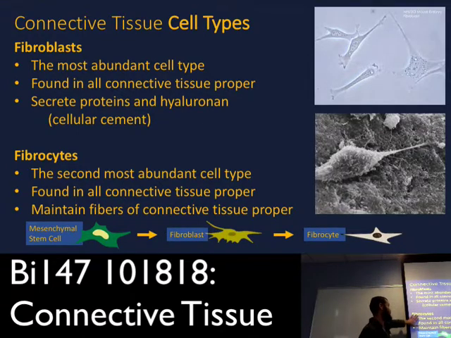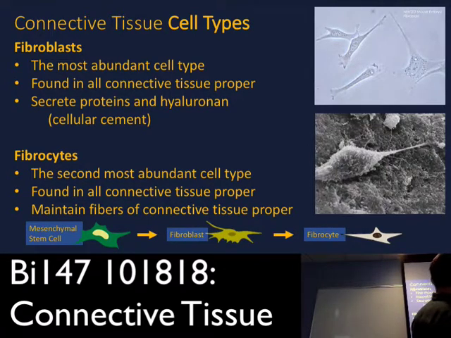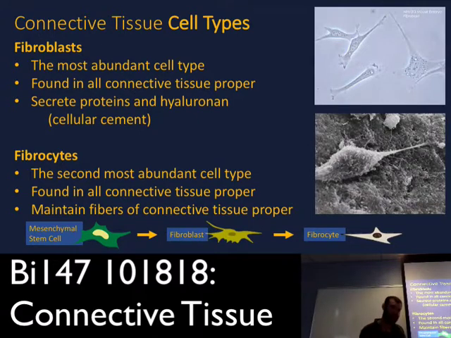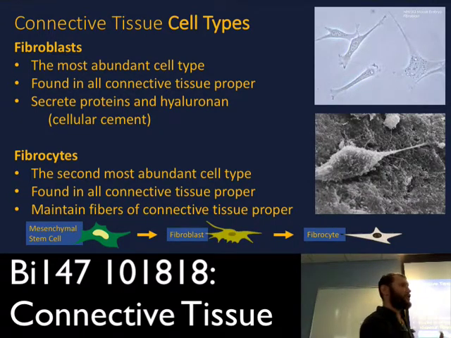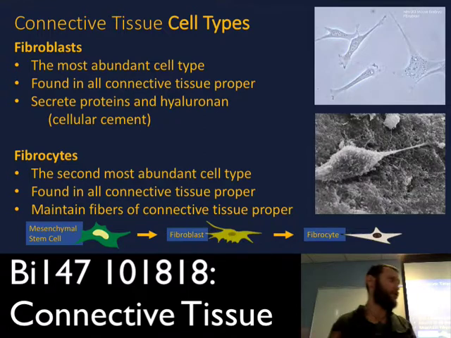fibroblasts become fibrocytes. You may see this as a medical term. Any word that has blast as an ending is a cell type that is like an adolescent. It's not fully developed. It's pretty functional, with a very unique function, but that function is different than when it becomes mature.